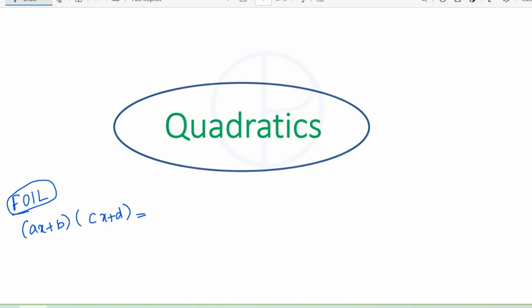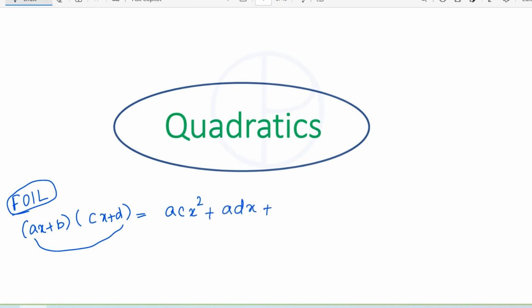First, multiply the first term of both the brackets, that is ax multiplied by cx. You will get acx square. Then outside terms, that is ax multiplied by d, ADX.